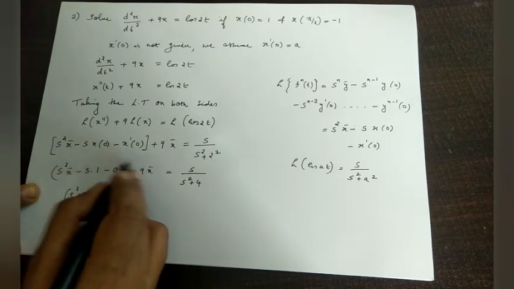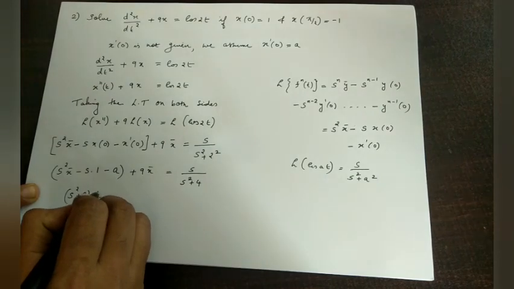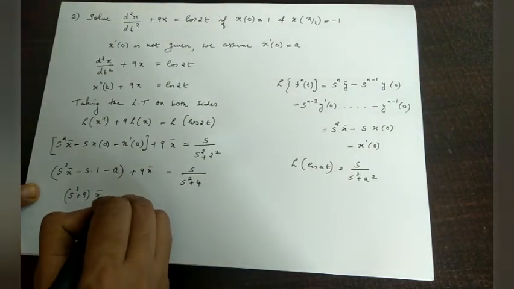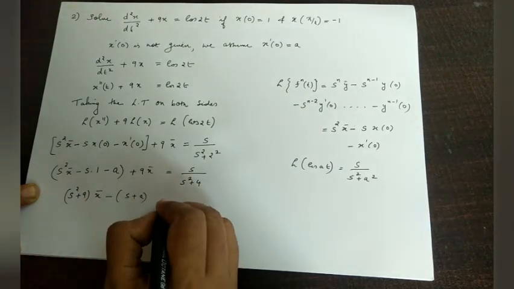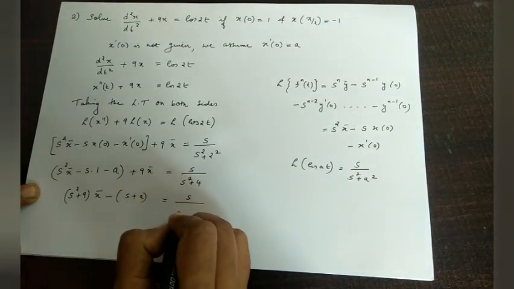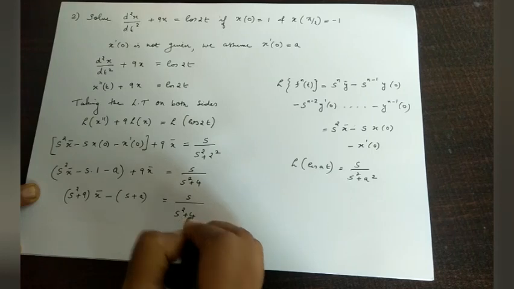Here we can take s square plus 9 times x bar, then minus of as plus b, equal to s by s square plus 4.